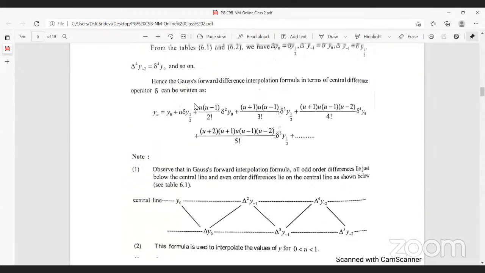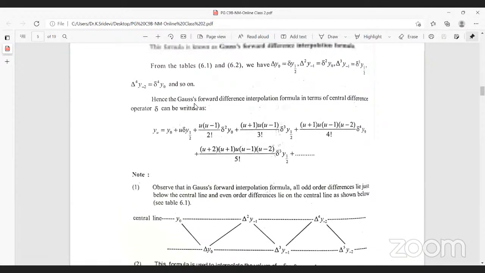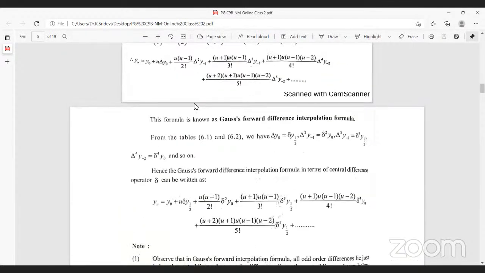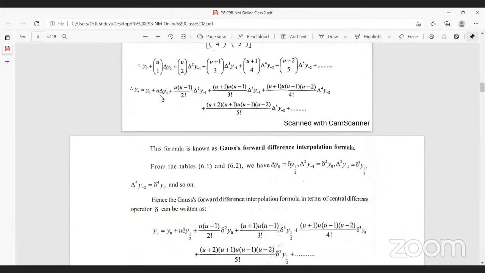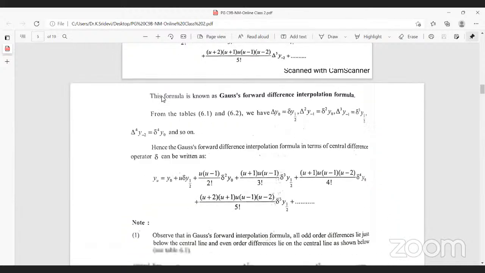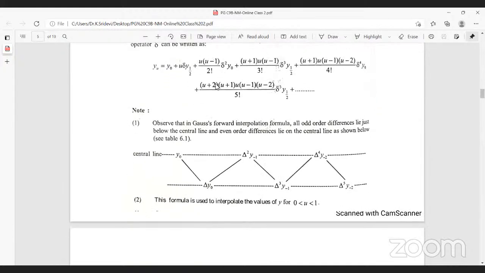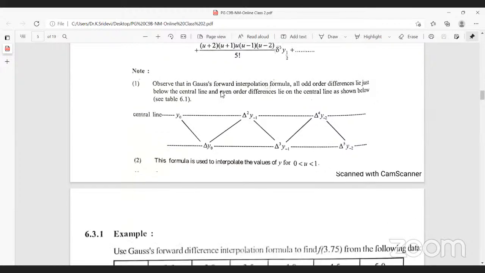The position of the entries is the same. Observe in which position this entry is in the forward difference table; in the same position, you choose the entry from the other table, that is the central difference operator table. So like that, you can change this into the central difference operator.